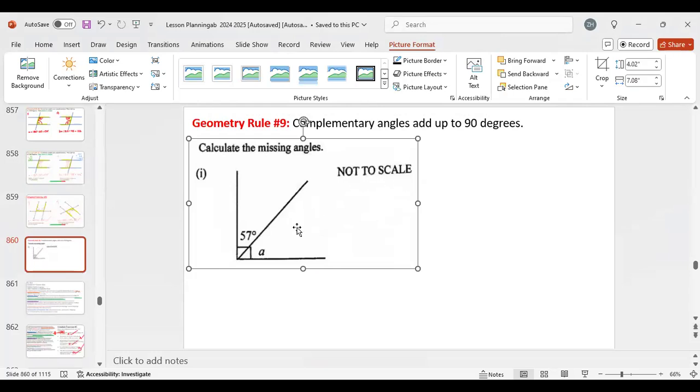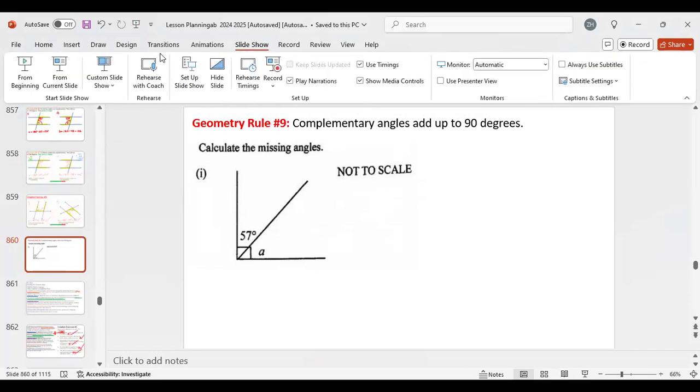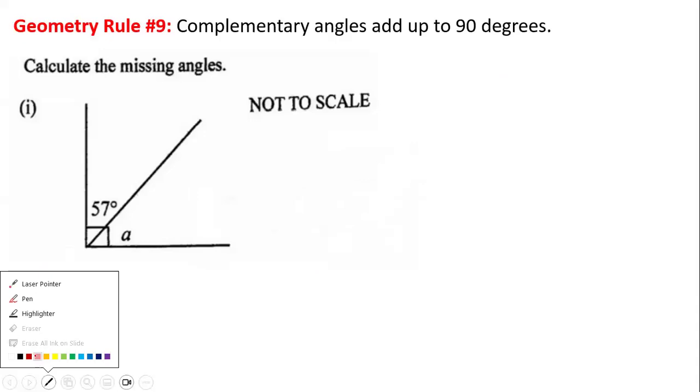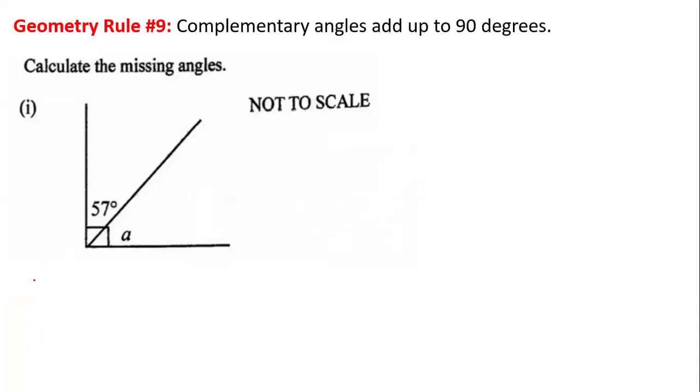And when they say not to scale, that means if you actually try to measure it, it isn't going to be accurate. So A is equal to, remember we say complementary angles add up to 90 degrees, right?